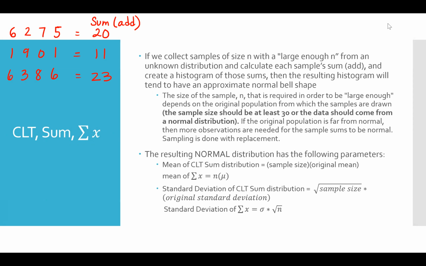The mean of the central limit theorem sum is equal to n, your sample size, times the original mean. The standard deviation is the original standard deviation times the square root of the sample size.